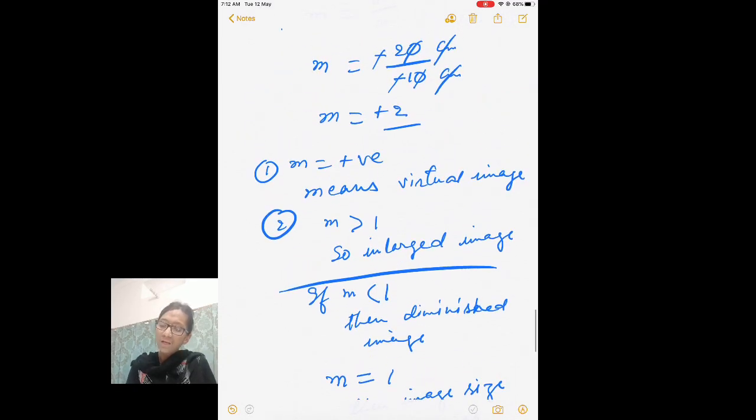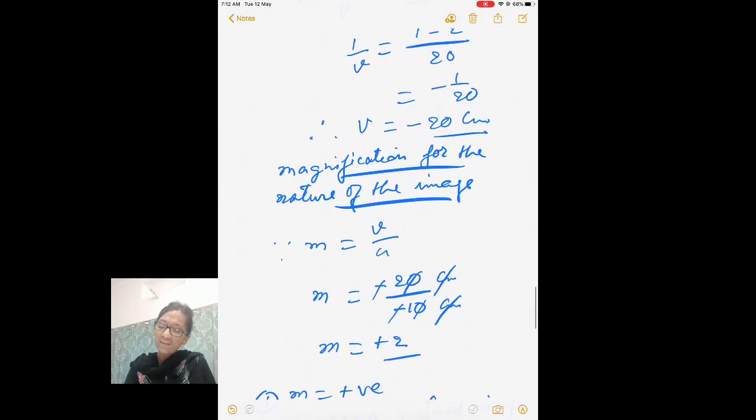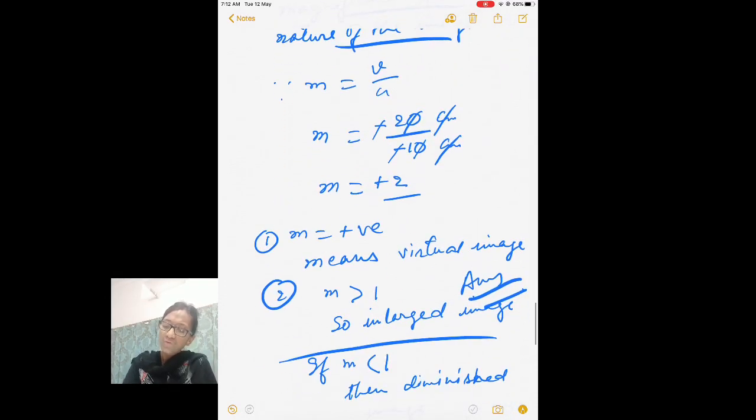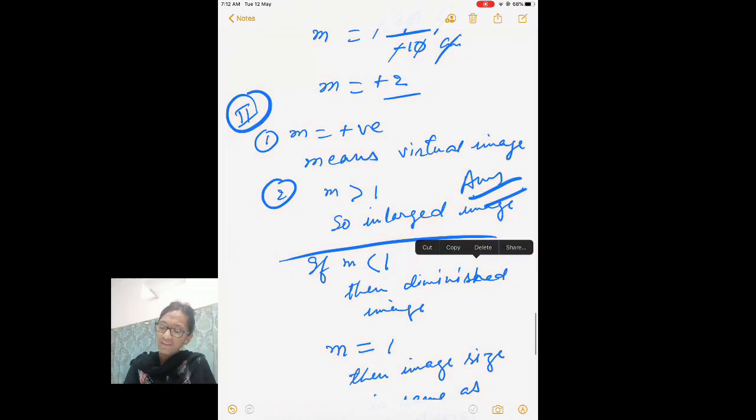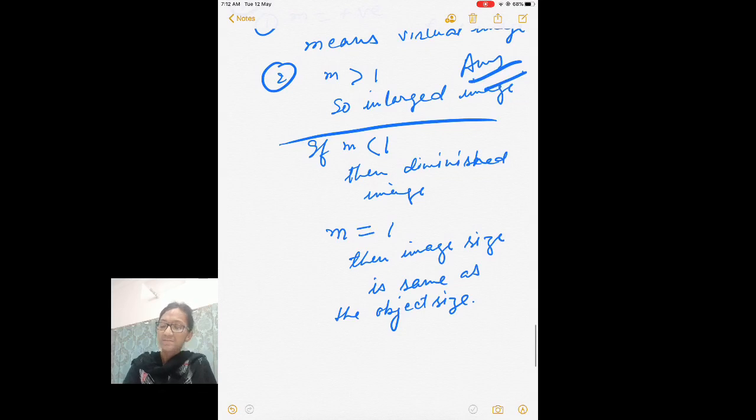Now, here you have already got your answer, second answer, and this is your first answer. So v is here, and second answer, your answer number 2, magnification is here. But in case you have magnification less than 1, then the image will be diminished. And if magnification is equal to 1, then image size will be same as object size.